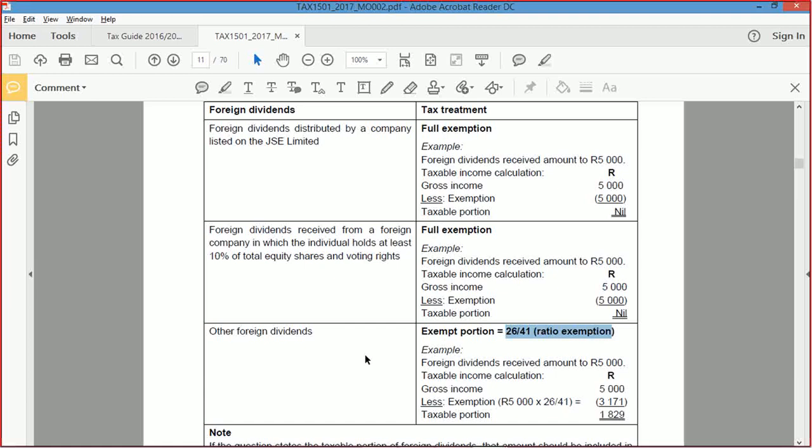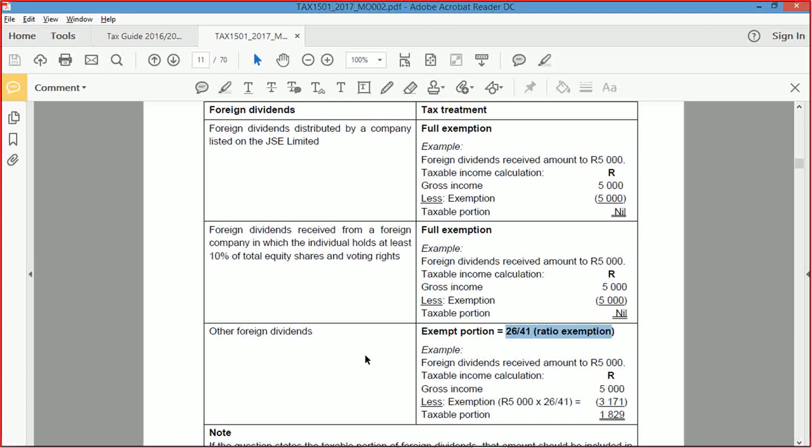So you've got a foreign company that's paying a dividend to a South African individual, but that individual owns 10% or more of that company. Let's say you owned 10% or more of Facebook. Facebook is a foreign company, but if you owned 10% or more, the foreign dividends that Facebook would pay out would be exempt.